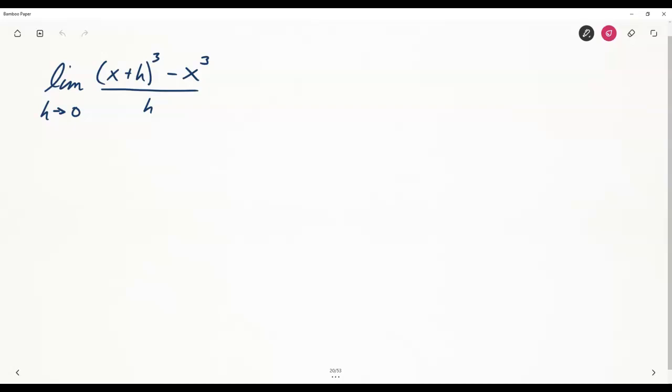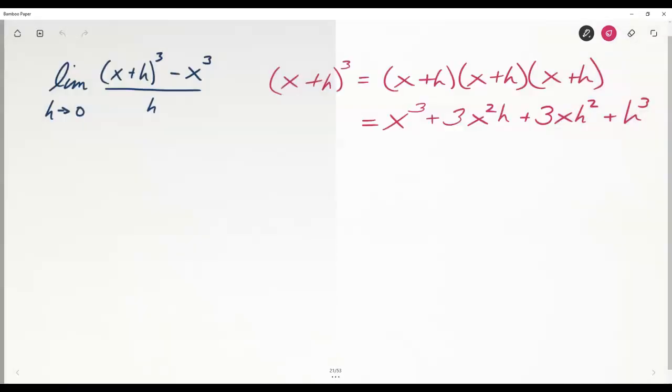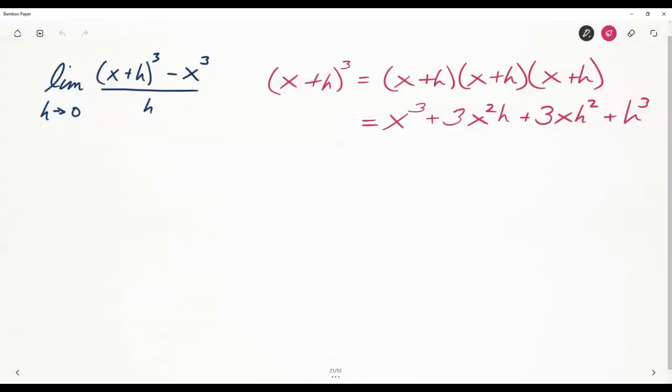Have I done the work on the next screen? I have. I couldn't remember if I put this slide in or not. So this x plus h, this work over here in red, is just to show the work of what this part of the expression is going to simplify to. Anytime you have a polynomial, or in this case a binomial, that's raised to a power, you can't just raise the individual terms to powers.